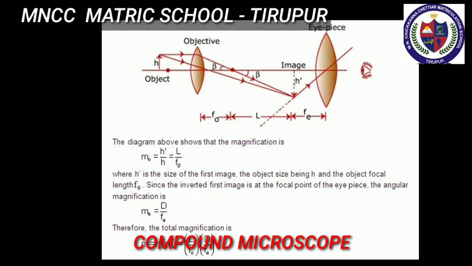The position of the eye lens is adjusted in such a way that the image falls within the principal focus of the eyepiece. This eyepiece forms a virtual, enlarged and erect image on the same side of the object. Next, compound microscope has 50 to 200 times more magnification power than simple microscope.